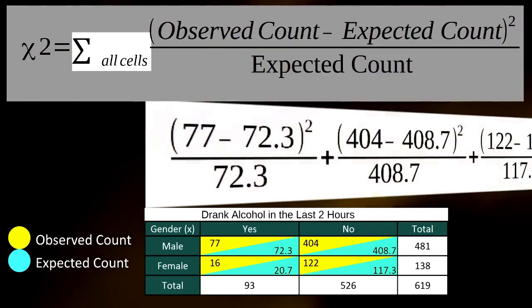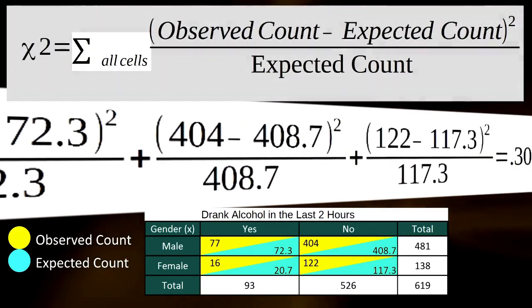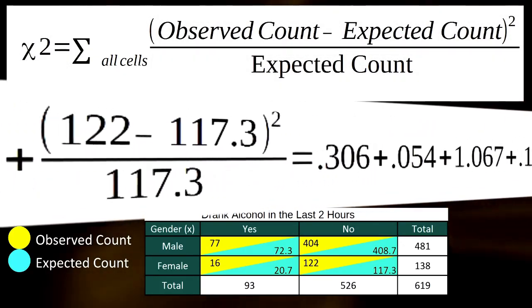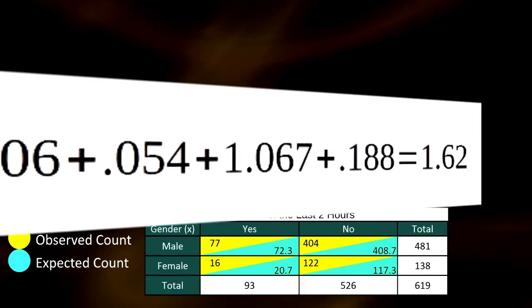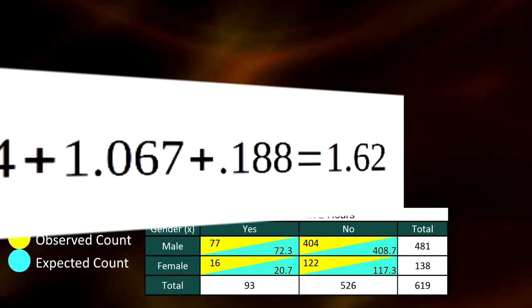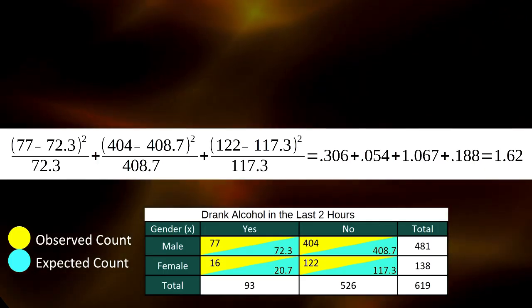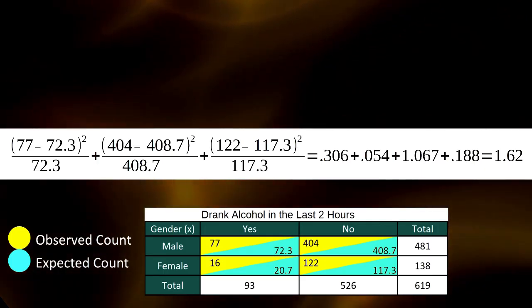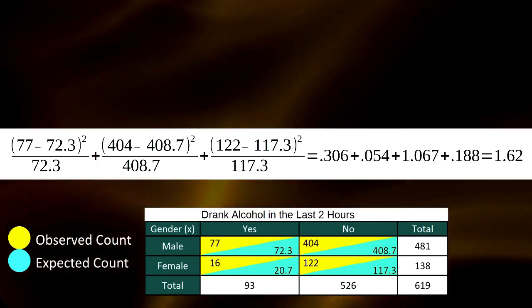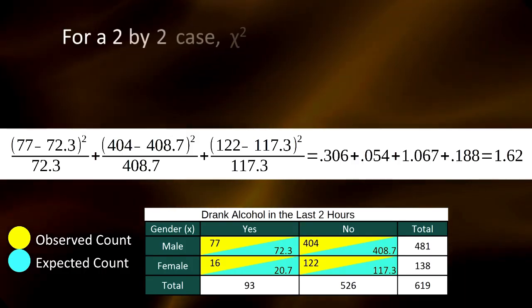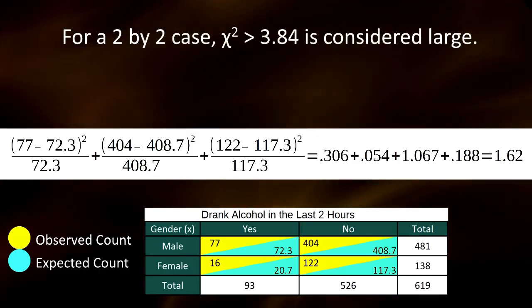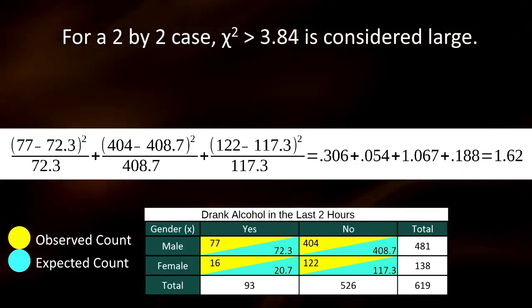in the table. Once the chi-square statistic has been calculated, we can get a feel for its size. Is there a relatively large difference between what we observe and what the null hypothesis claims, or a relatively small one? It turns out that, for a 2x2 case like ours, we're inclined to call the chi-square statistic large if it's larger than 3.84.